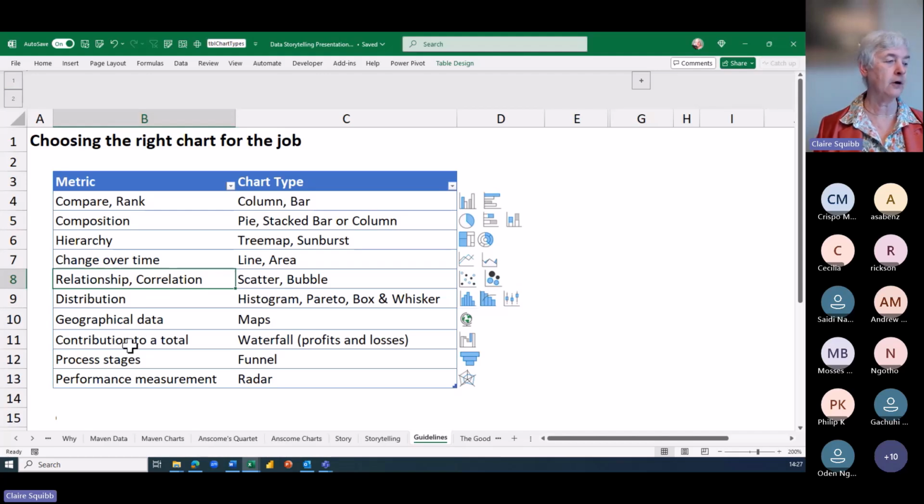And if you're looking at contributions to a total, waterfall charts are very good because you can see where your profits and losses come. If you've got stages of a process, then a funnel chart.